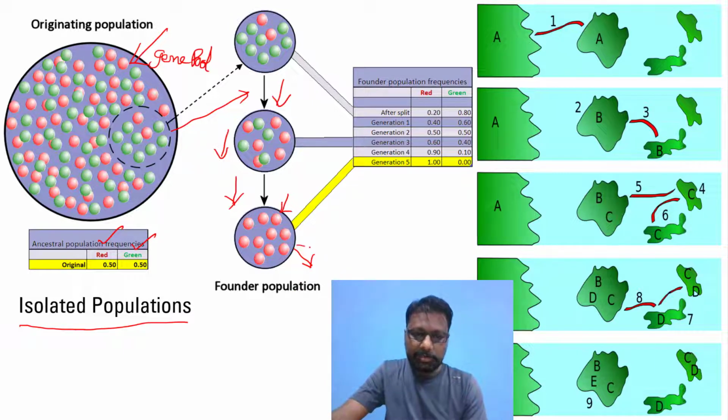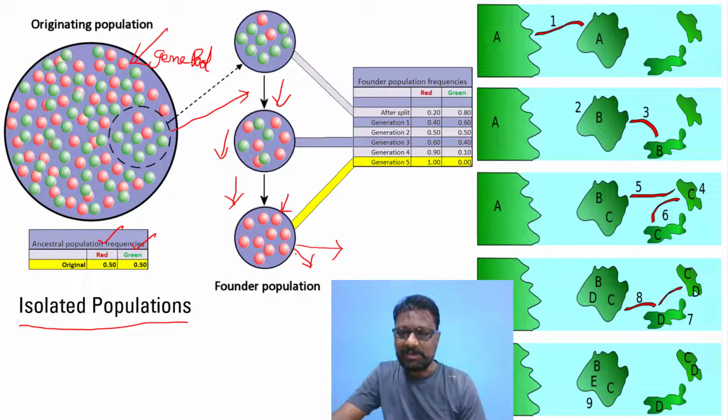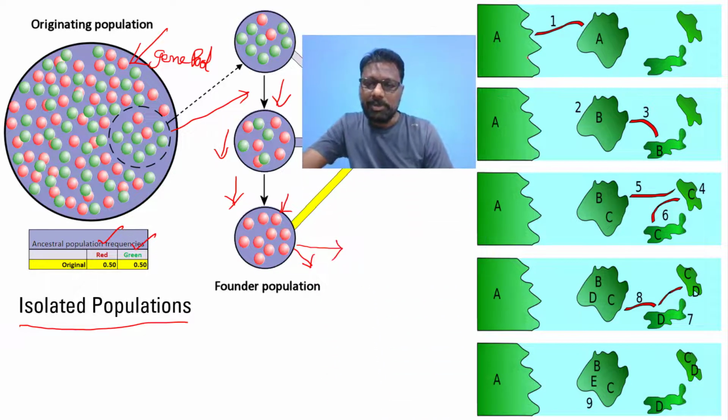This founder population will have a different set of genetic diversity. We can see this when some toads or birds migrate from the mainland to an island; gradually, purely by chance, they get converted into a different species.